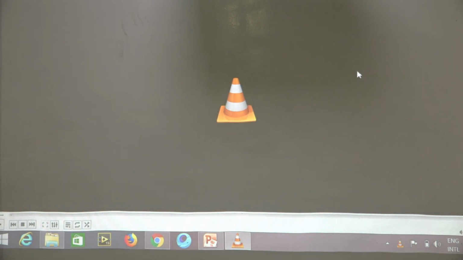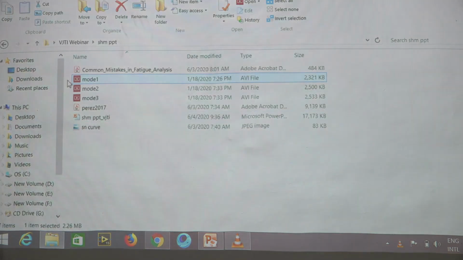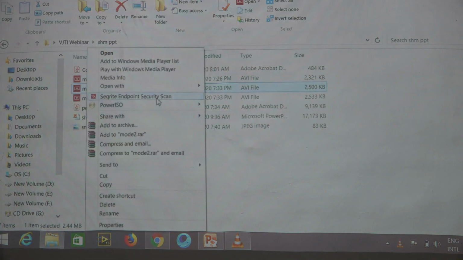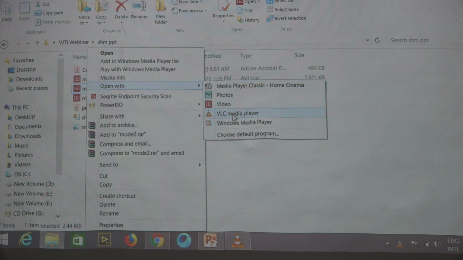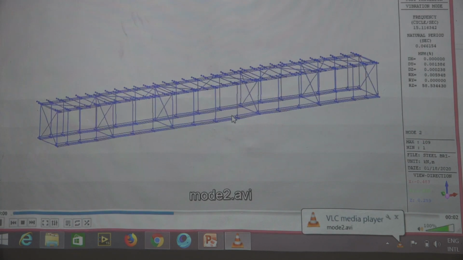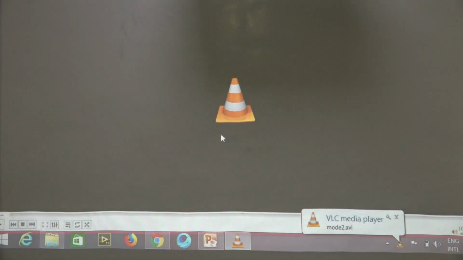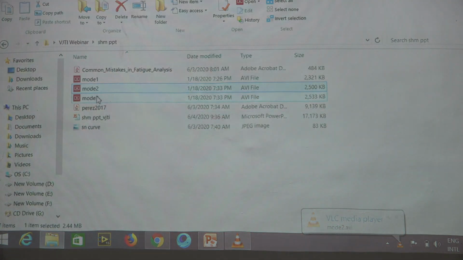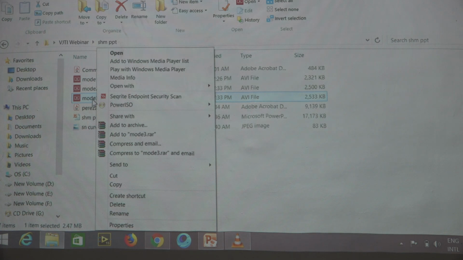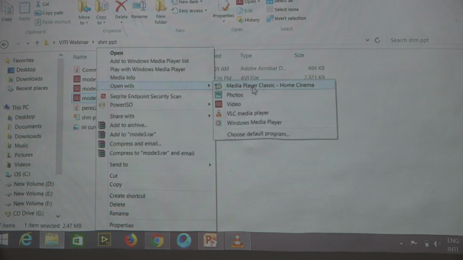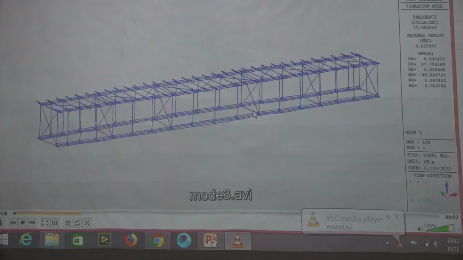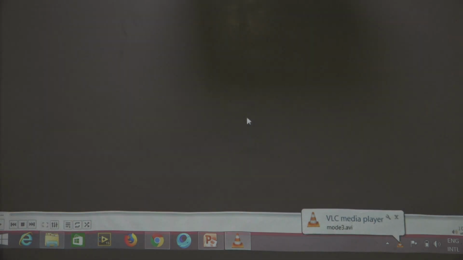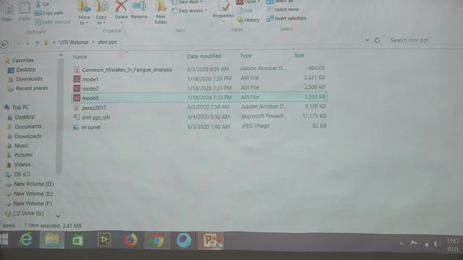Then we can see the second mode, which should also be translatory in the other direction, so it is also a kind of transverse movement, and the third mode should be the torsion or rotational mode. We can see this mode also. This is having some kind of torsion. So, these are the mode shapes.